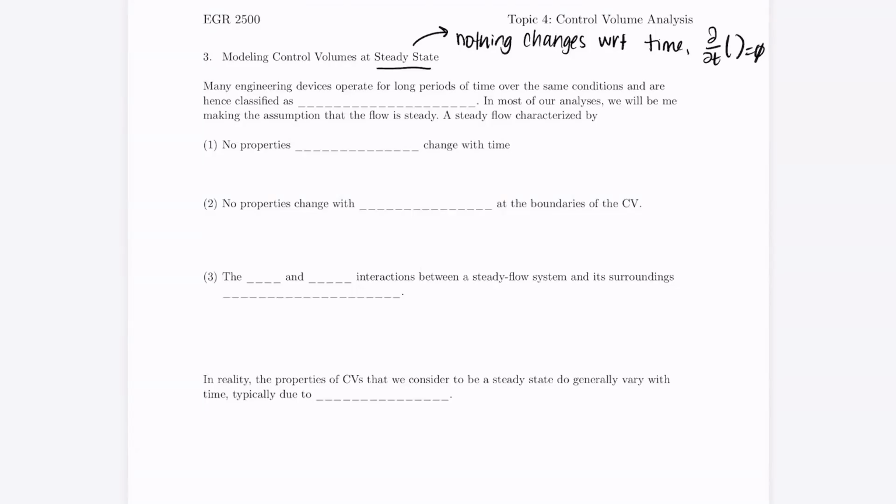All right. This is an important category of flows and assumption that we can make because many engineering devices that we'll care about as engineers are going to operate for long periods of time over the same working conditions and are therefore classified as steady flow devices.